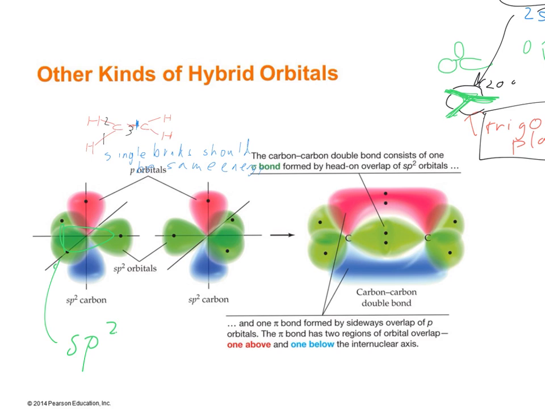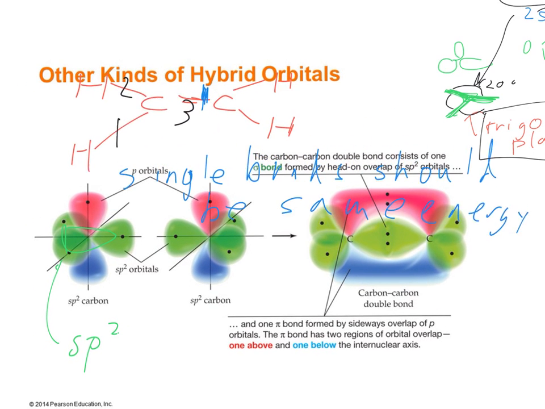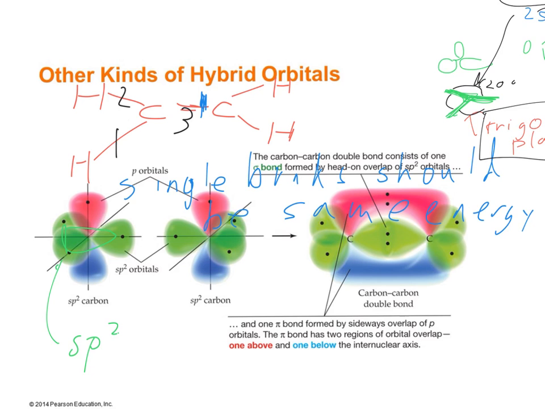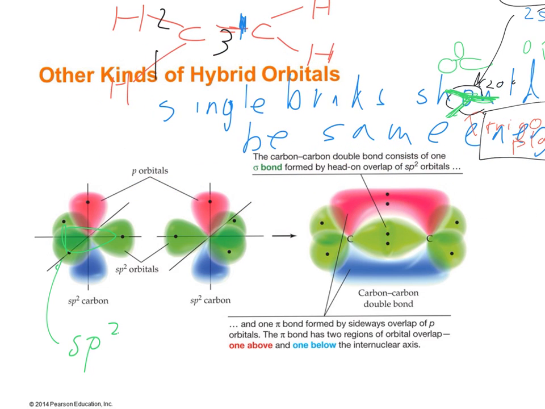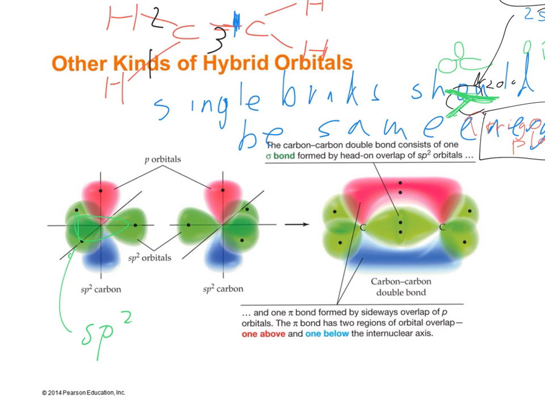And because we're dealing with our molecule here, we're going to form a carbon-carbon single bond by overlapping the sp2 orbitals of each of our carbons. So each of our carbon overlaps its sp2 orbitals.